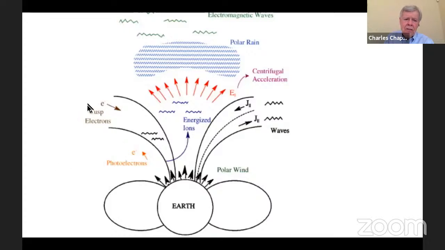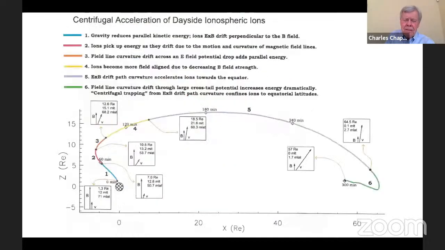The sun is over here, here's the polar cusp. A lot of those particles go through regions like the polar cusp or the nightside auroral zone in some cases, where they get further energized. But there's also a standard process that energizes the polar wind continuously.